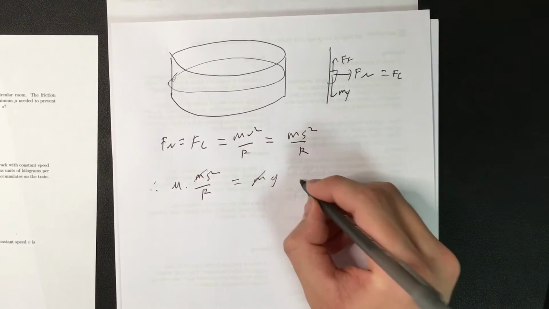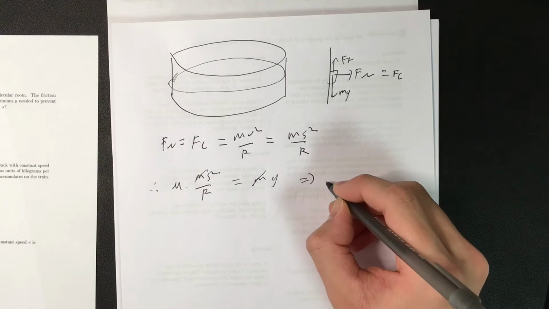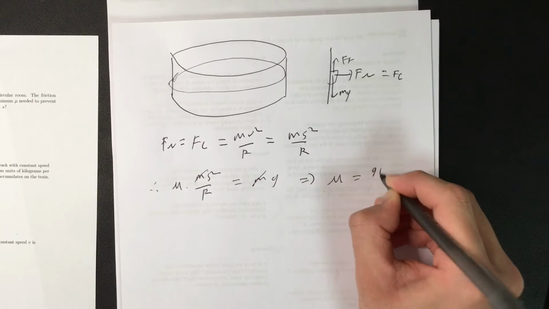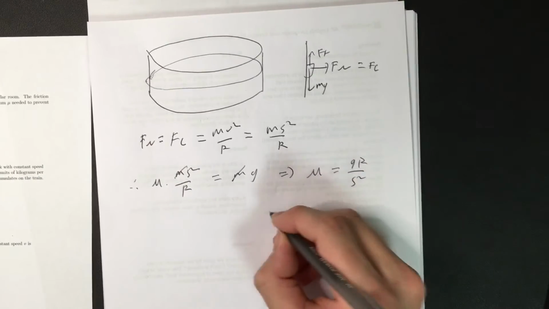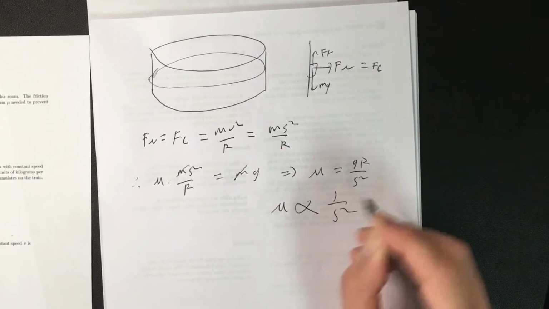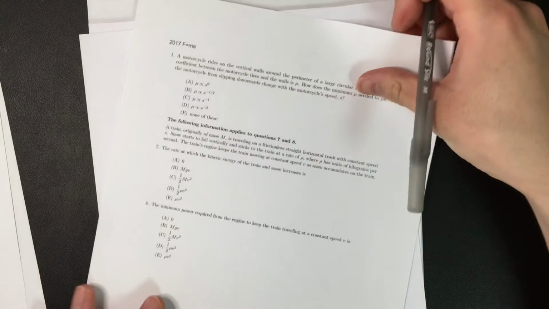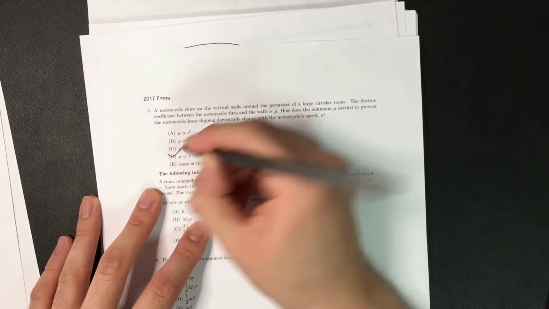And canceling out the m and solving for mu, I get mu equals gr over s squared. Now, since gr is constant, we can conclude that mu is proportional to s squared, in which, from the problem, it would be answer choice D.